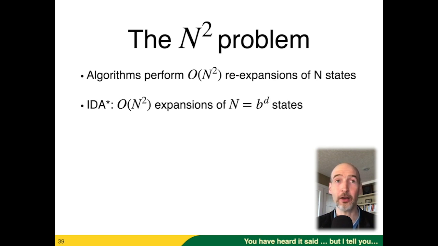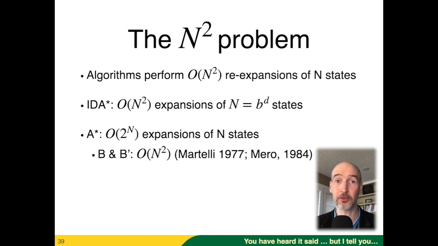So IDA star might do n squared expansions of n, typically as b to the d. There's a lot more to be said there, and in fact I have a paper in the main SoCS 2020 conference with Malte Helmert, where we look at exactly this case in detail. There's some overlap with the talk here, but we're covering the part that we're not covering in this talk.